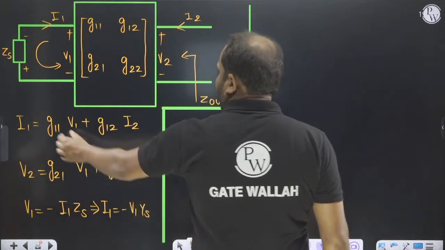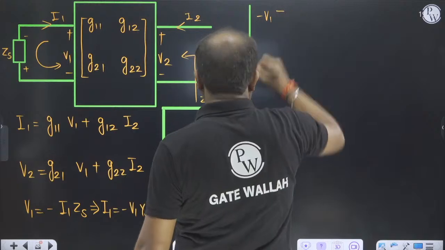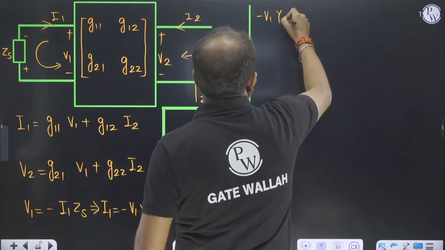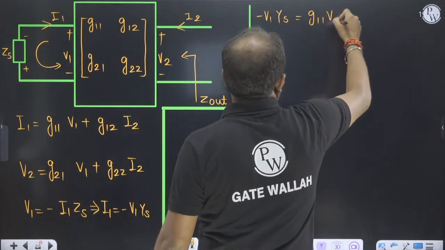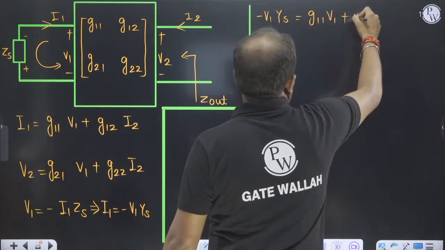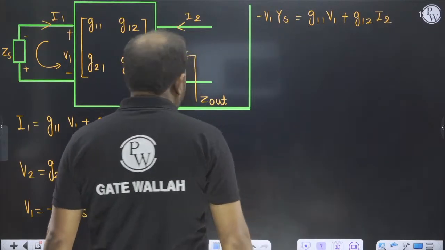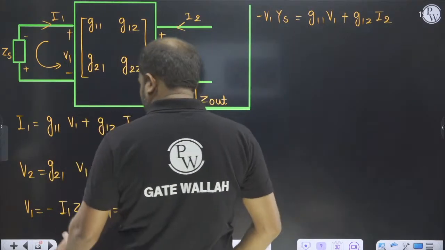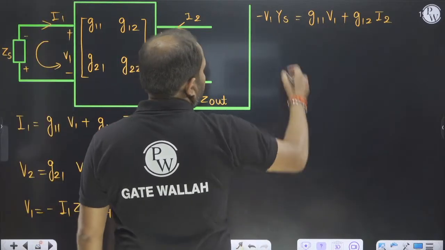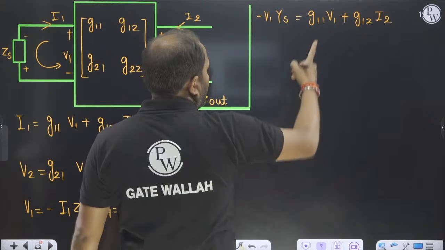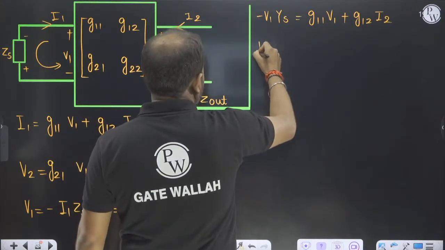So I will put I1 in the first equation, so minus V1 into YS equals G11 into V1 plus G12 into I2. So you will get I2.